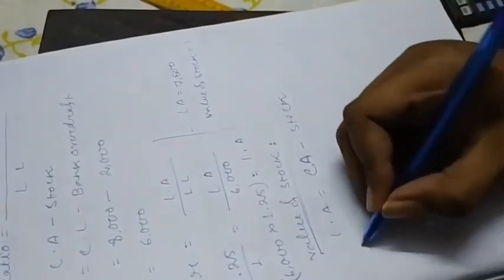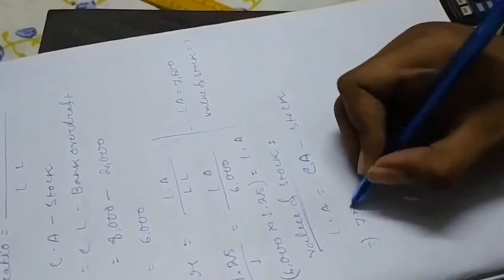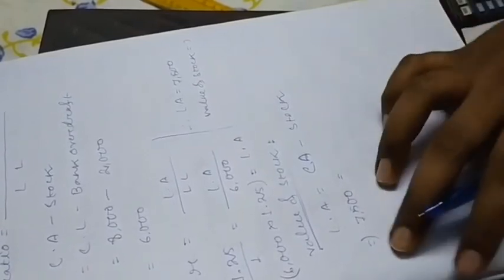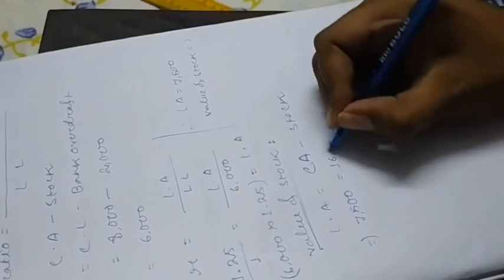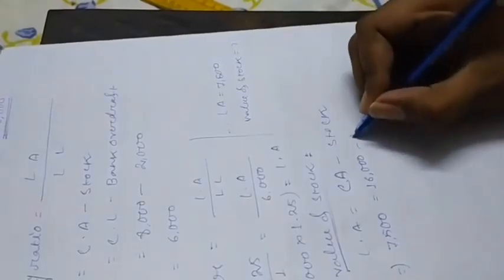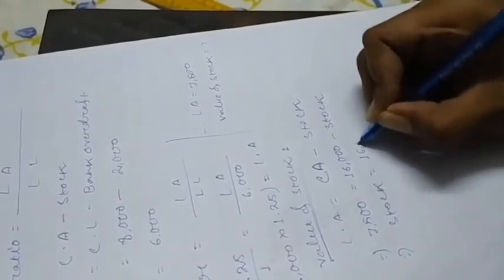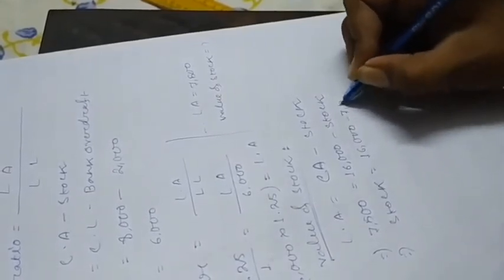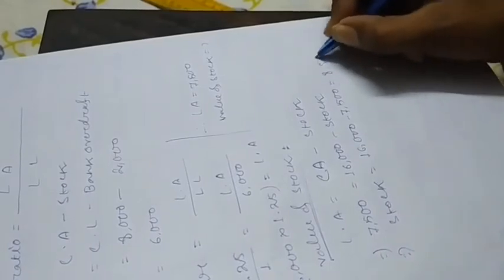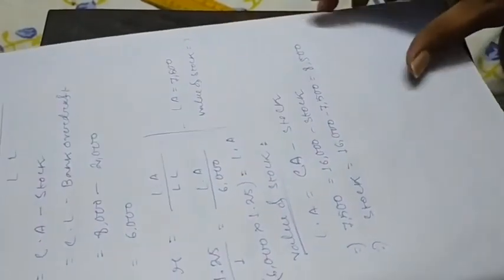Liquid asset is 7,500 and current asset we have calculated before, here it is, 16,000. So from that equation it is 16,000 minus 7,500, and that's 8,500. So here it is, stock.